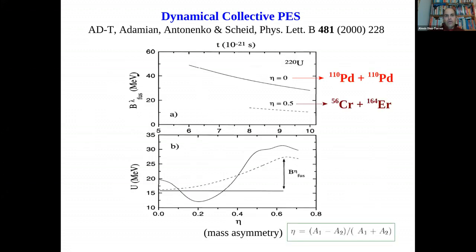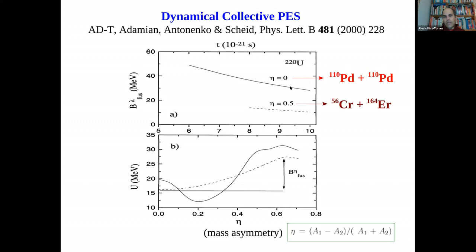Here you can see what happened with this internal barrier in lambda as a function of time. This is in septosecond time scale, so here you can see 5, 6, 7, 8, 10 septoseconds. And this is when the entrance channel is palladium plus palladium. You can see how this internal barrier at small lambda values decreases because of relaxation and heating up of the system.